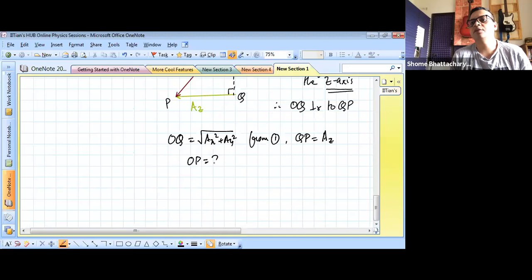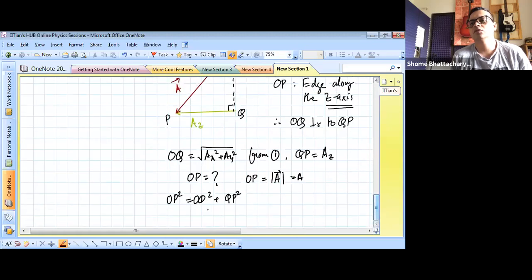And the third one, OP, is what we are trying to calculate. So OP square should be equal to OQ square plus QP square.